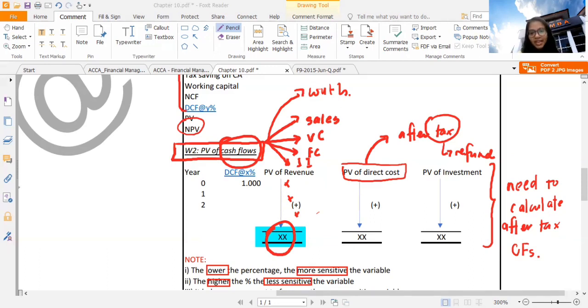So you are not actually providing any form of decision to your higher level management. All that you are doing is just looking at the variable that is more sensitive. So it's not a decision making, it's just for you to be able to direct your attention accordingly.